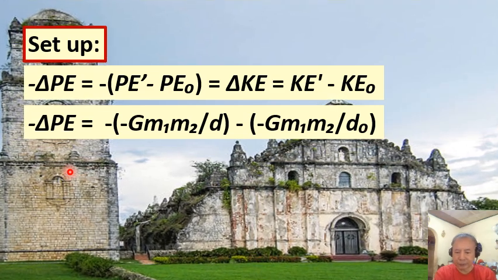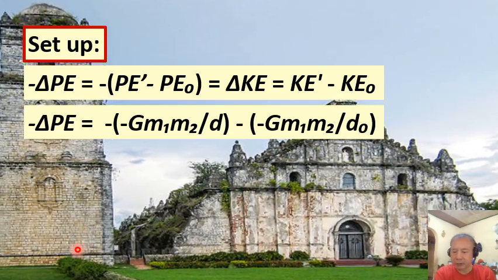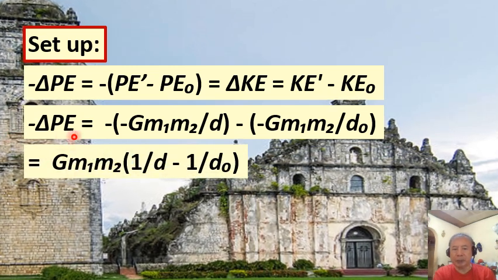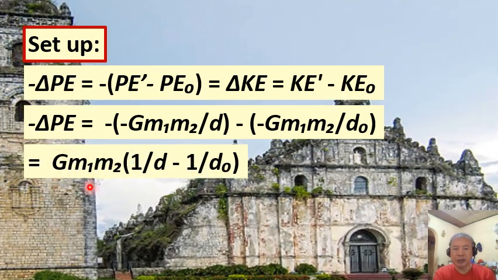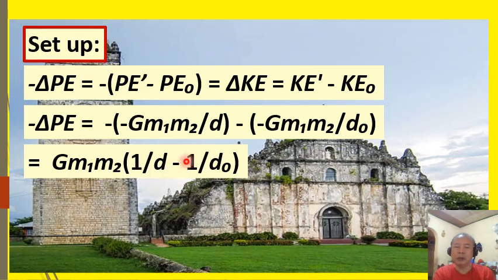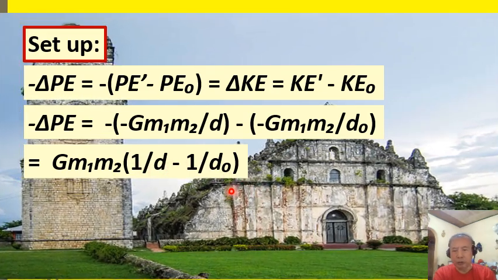When simplified, we can express negative delta PE as capital G M1 M2 multiplied by 1 over D minus 1 over D naught.